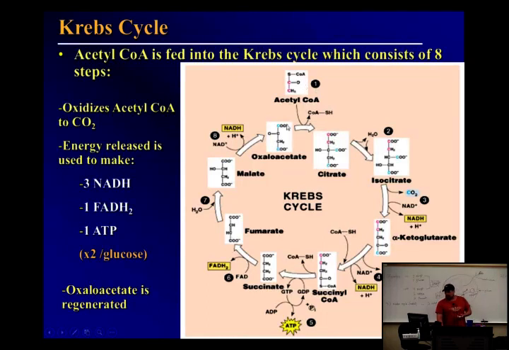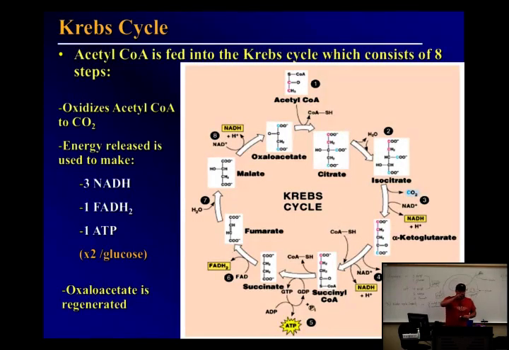So acetyl-CoA combines with a chemical called oxaloacetate, and that produces citrate, which is also known as citric acid. It's the same stuff that's in your soda can or Sprite or whatever. So the Krebs cycle is called a cycle because what it starts with is what it finishes with.